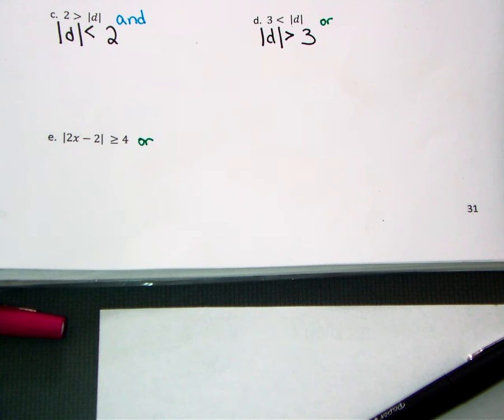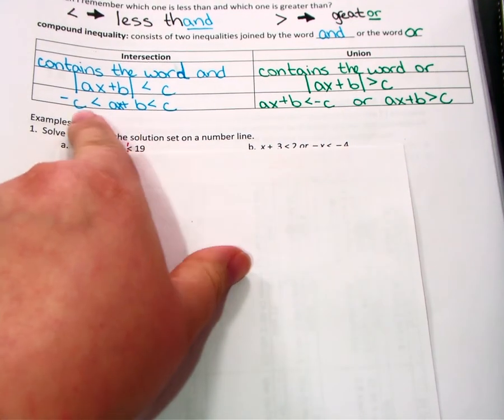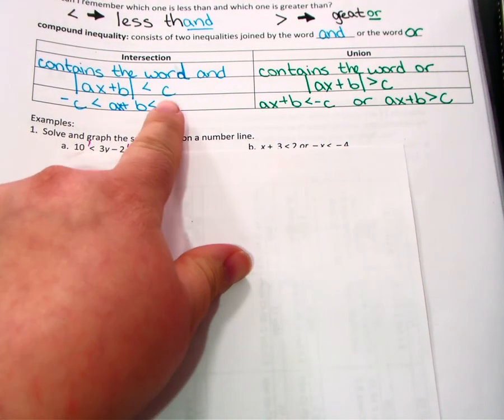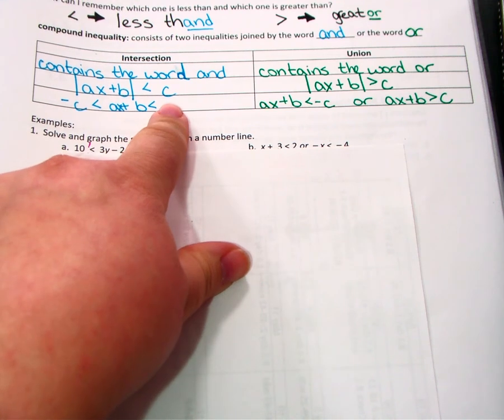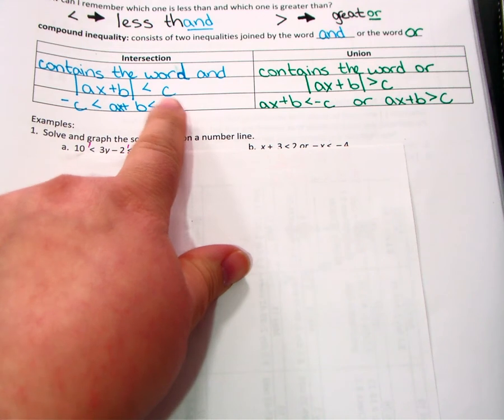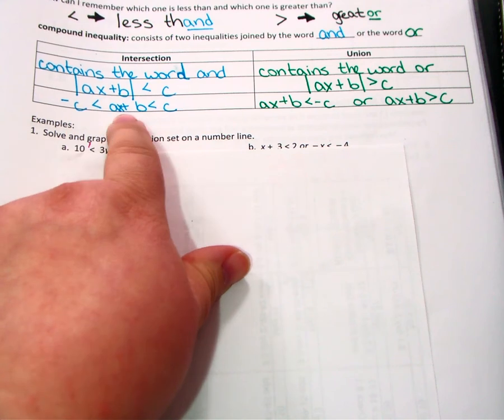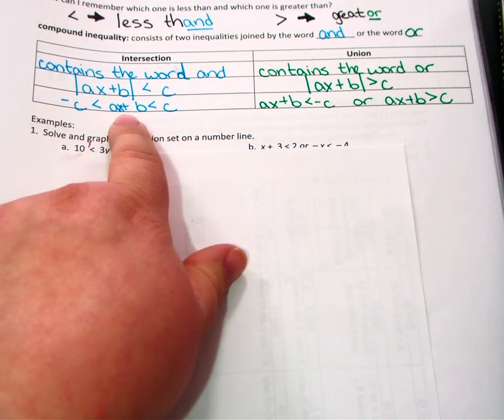Now let's go back and actually solve and graph these solution sets. For and inequalities, we need to rewrite them using this structure. So we have the number that it's equal to or that it's less than below it, and then take the opposite of that number, and it's going to be less than the part inside the absolute value sign.